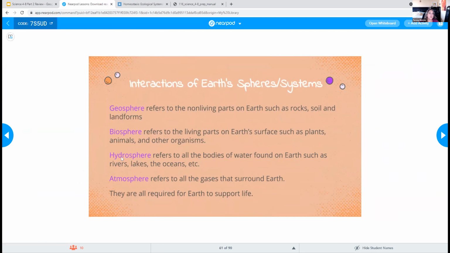The hydrosphere, hydro, refers to the water, and then the atmosphere refers to the gases. So all four of these make up Earth, and they all interact with each other. It's not like one can exist without the other. They all play a role in the planet.